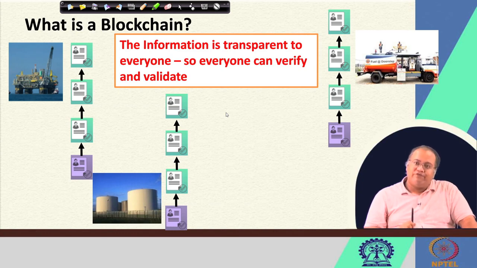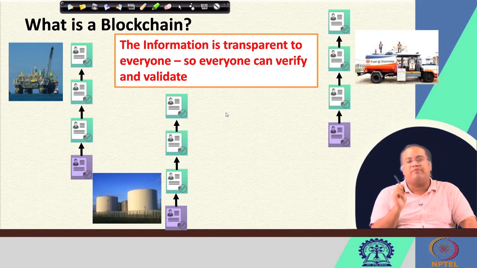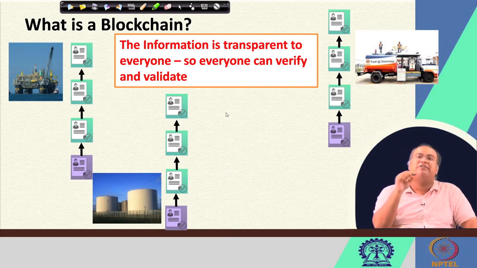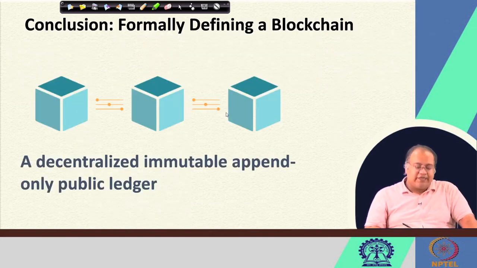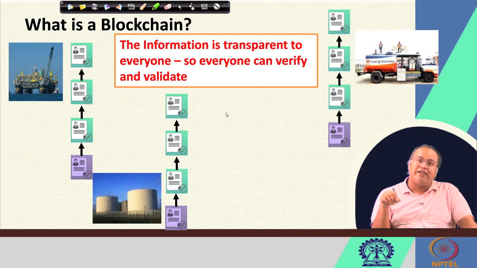That way, the information in the blockchain is transparent to everyone. Just like the concept of the blackboard that I mentioned earlier, everyone can verify and validate the information by looking into the historical information in its local copy of the blockchain. So this is the broad idea about blockchain.